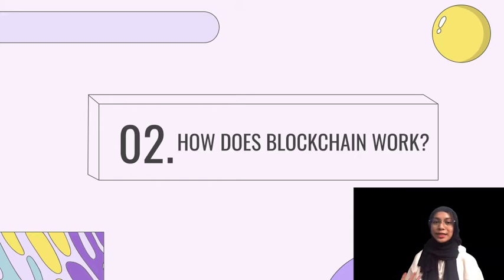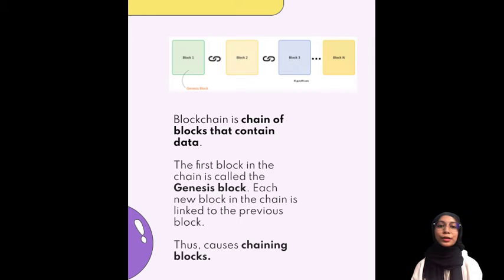Now that we have discussed what blockchain actually is, we are going to find out how blockchain works. In the chain, the first block is called a genesis block. Then each new block in the chain is linked to the previous block. This causes a chaining of blocks.